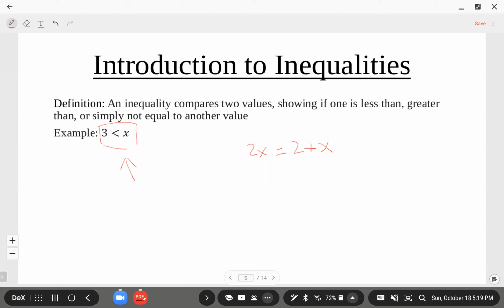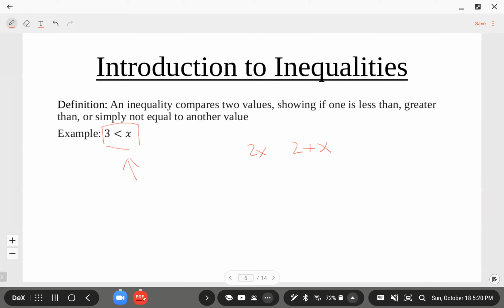That was our first example of an algebraic equation. So let's turn that into an inequality. The only difference between an algebraic equation and an inequality, and this is the most major one when you just look at them, comparing them, is the sign.